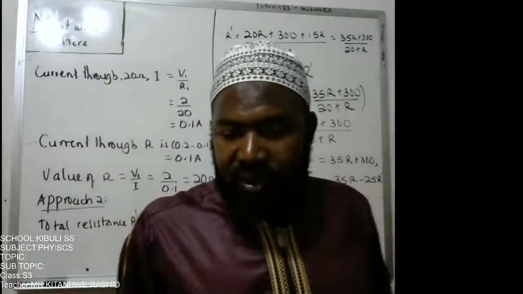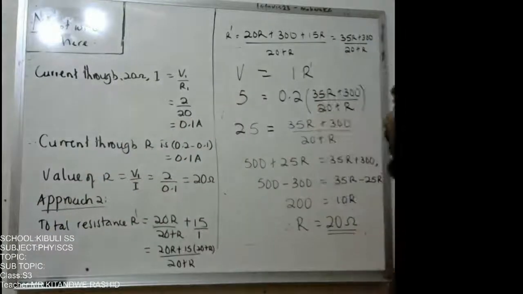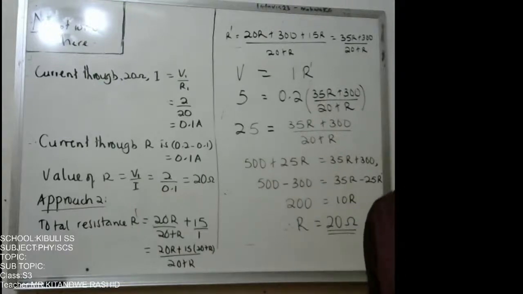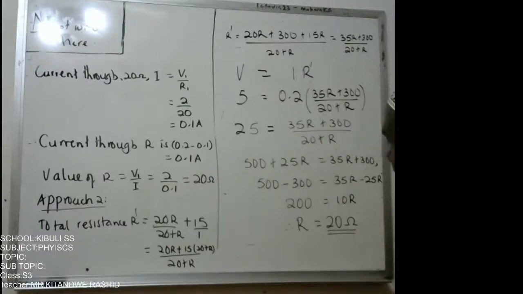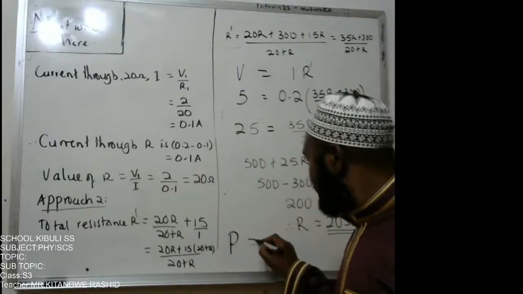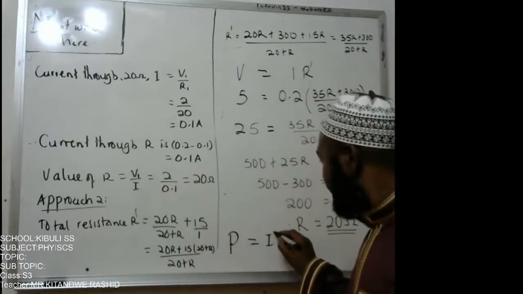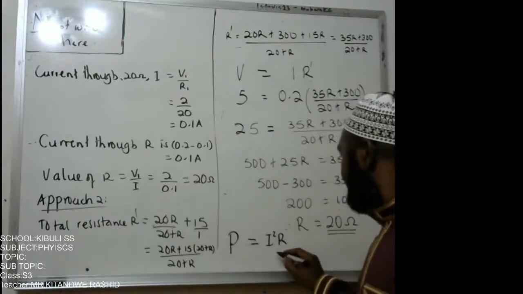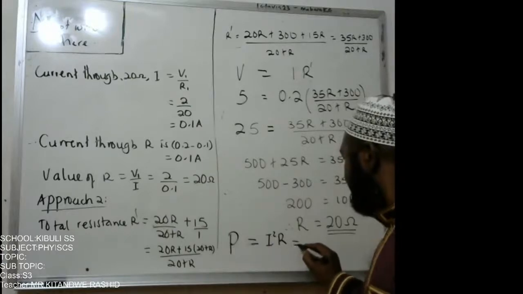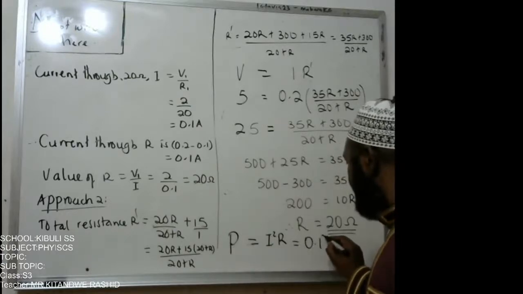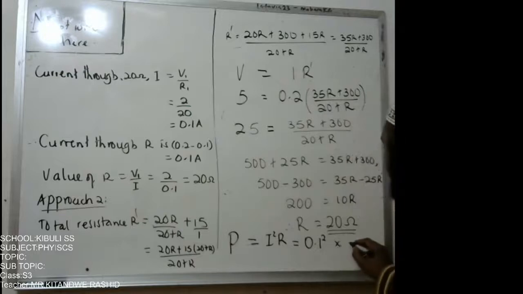Okay. I wonder whether we can proceed to the next number. So, no. There was also to find power. Power dissipated in R. That one is going to be very easy, isn't it? Power is equal to I squared R. The current was 0.1 squared, and the resistance is 20.